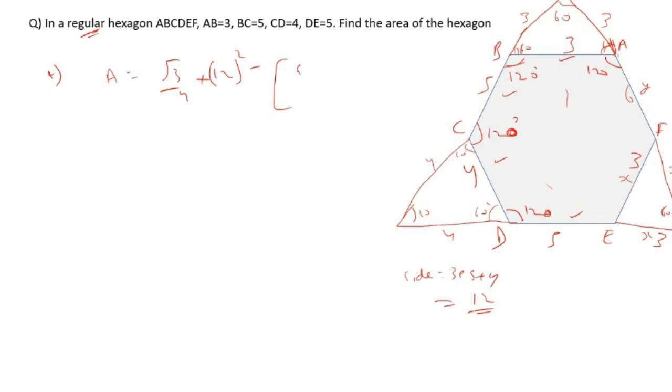Taking root 3 by 4 common, we have 3 square plus 4 square plus 3 square, which is 9 plus 9 plus 16, this is 34. So it is root 3 by 4 into 144 minus 34, which is 110. So this would be your answer.